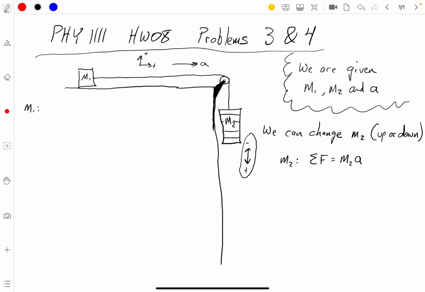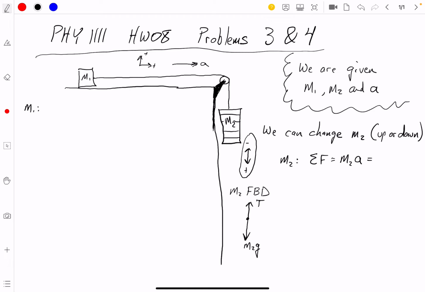And we've got to have our free body diagram. So here's M2 free body diagram. What are we looking at? We're looking at this direction is M2 times G, and in this direction we've got our tension.